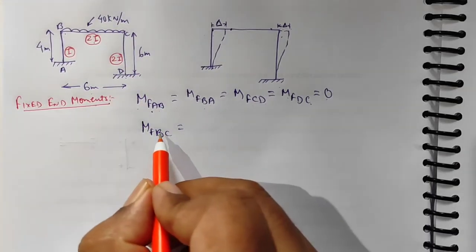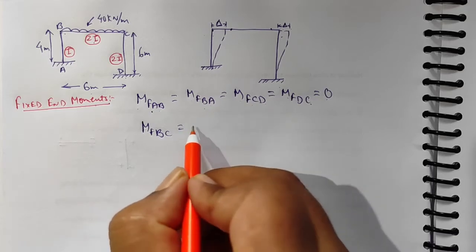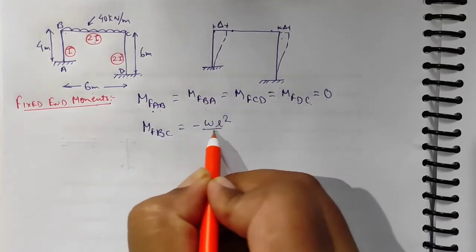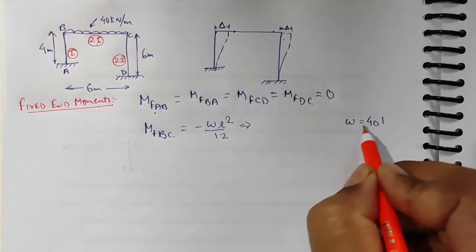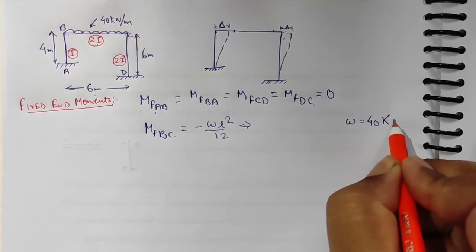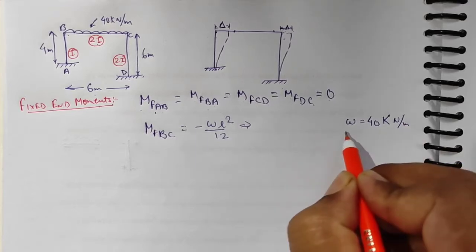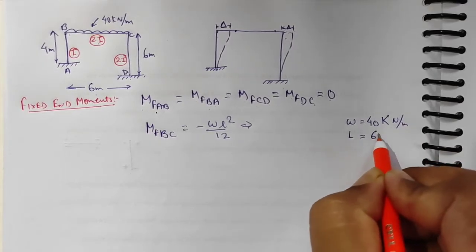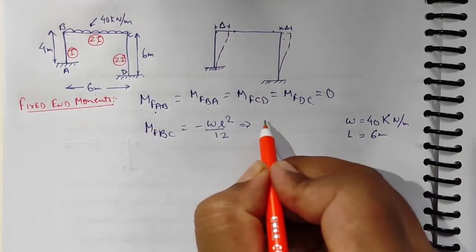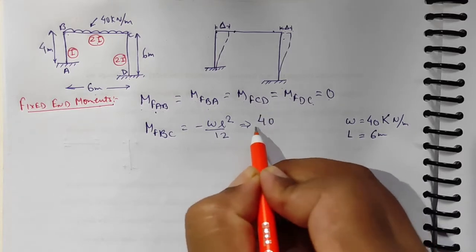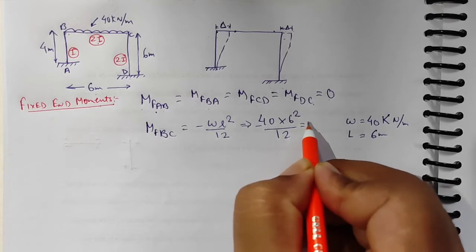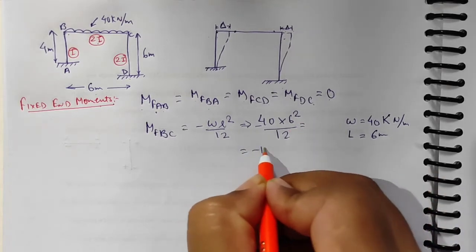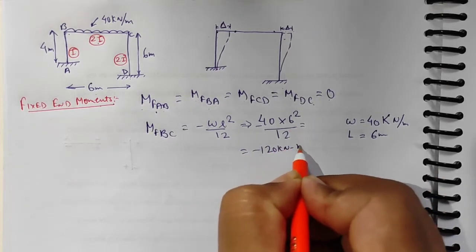We know that the fixed end moment will be negative WL square upon 12 for a UDL. Here the value of W is 40 kilonewton per meter and the value of L is 6 meter. Therefore, putting the values, I get negative 40 multiplied by 6 square upon 12, which is equal to negative 120 kilonewton meter.